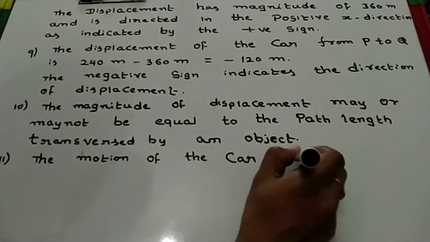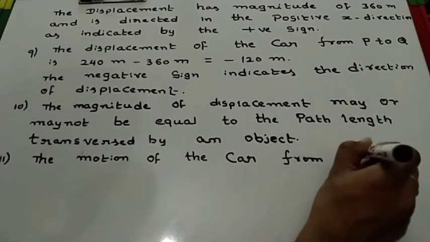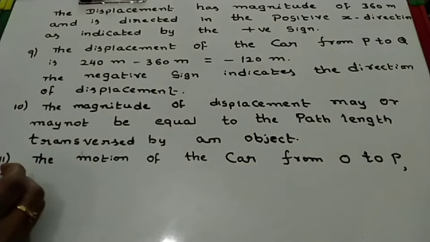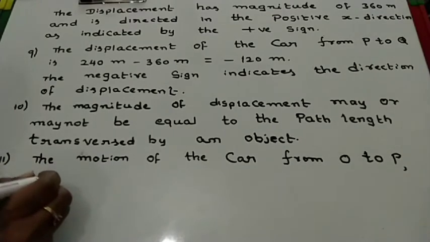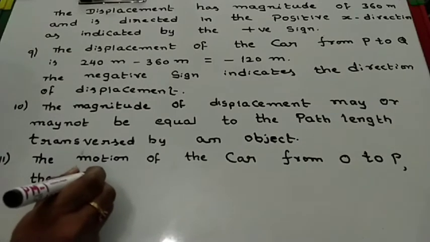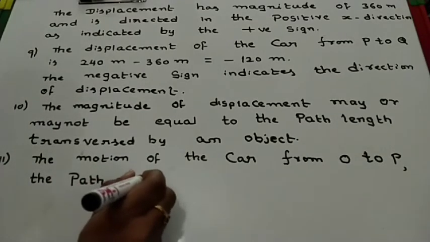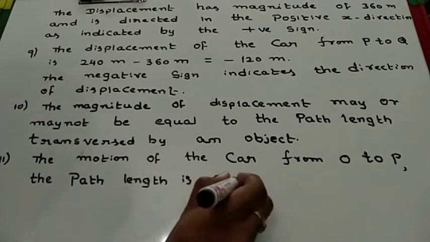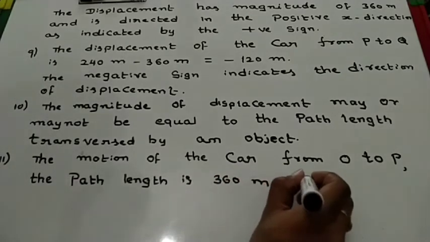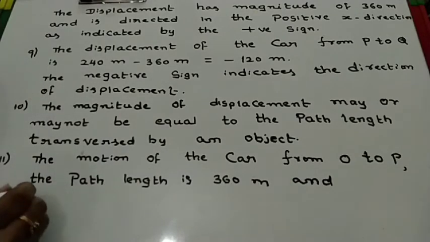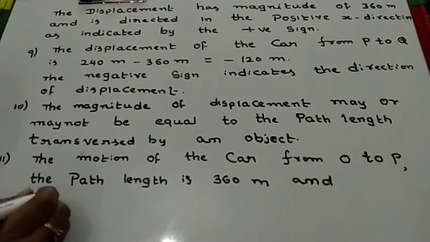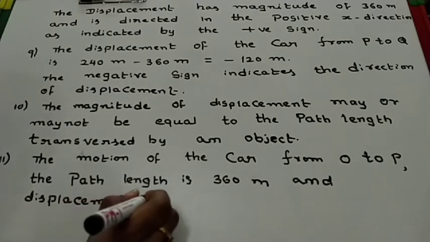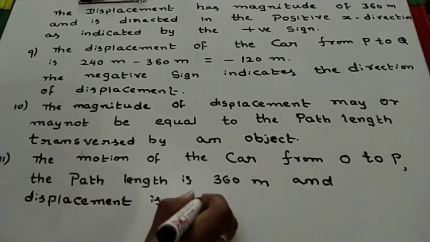from O to P, the path length is 360 meters and displacement is 360 meters.